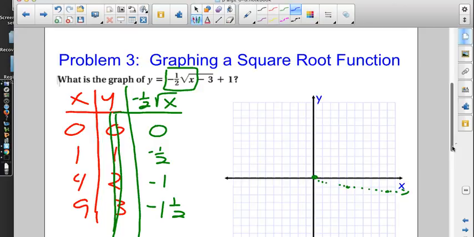And now all we have to do to finish this up is figure out where to move it. So where should we count to get our correct location for this graph? Right 3 and up 1. So we'll take each of those points that we just graphed and we'll move it right 3 and up 1.